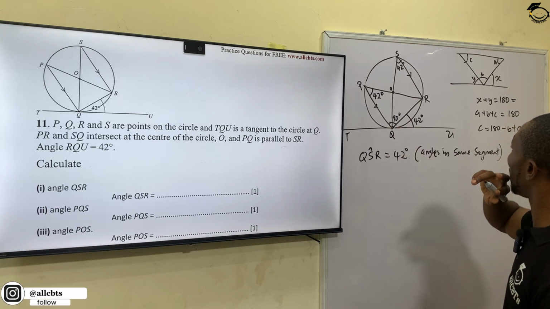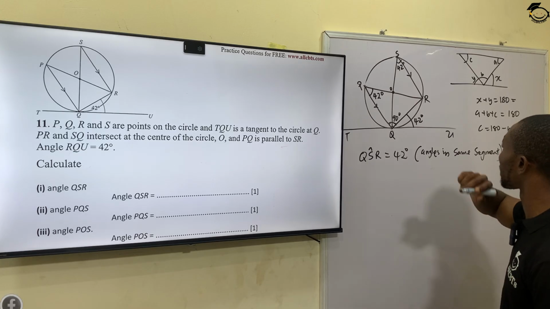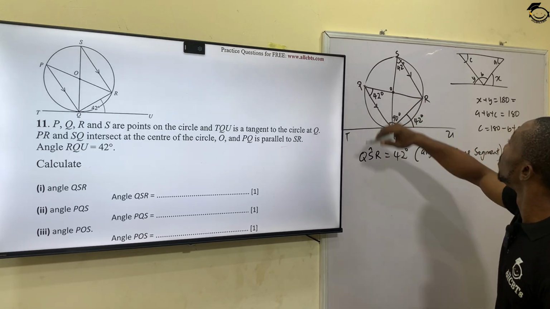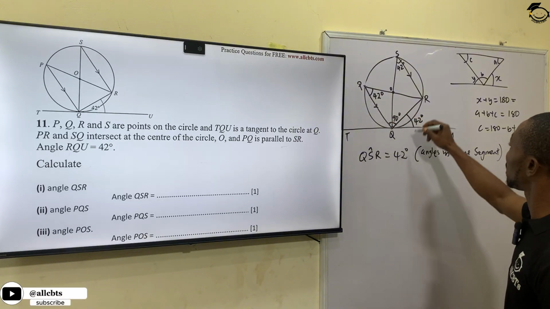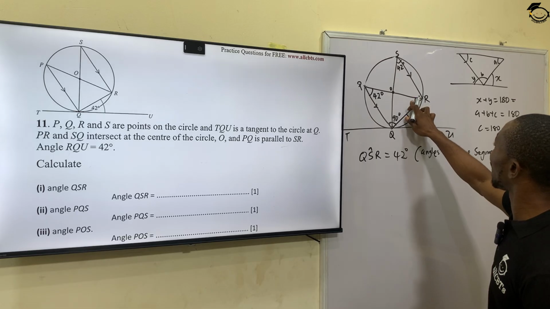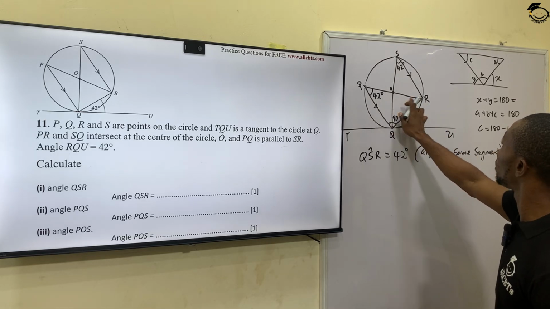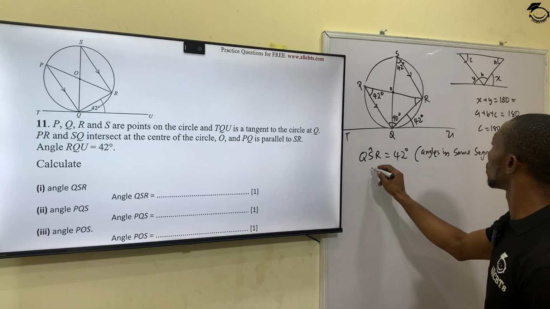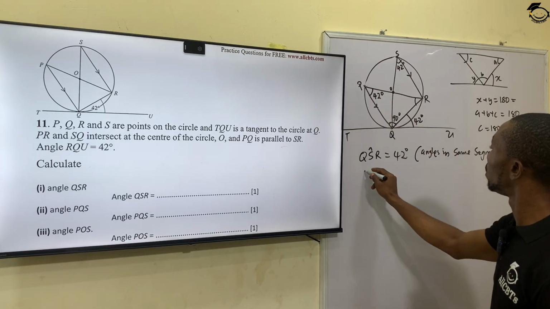So now, bearing in mind that this is 90 degrees, we have this angle as 42 plus 90, for triangle PQR.